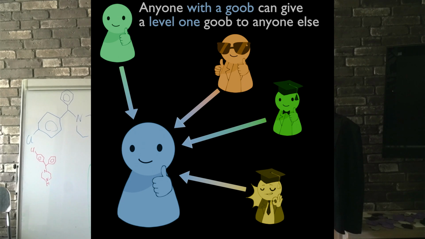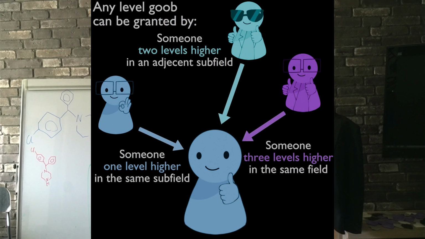Classical mechanics level N can be given out by people in the same subfield with at least one higher qualification. So, for example, if we're aiming for a qualification level 5, this could be given by people who have classical mechanics level 6. It could also be given by people at least 2 levels higher in an adjacent subfield.